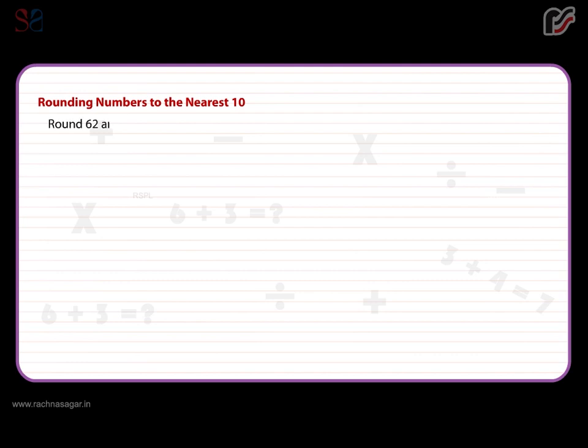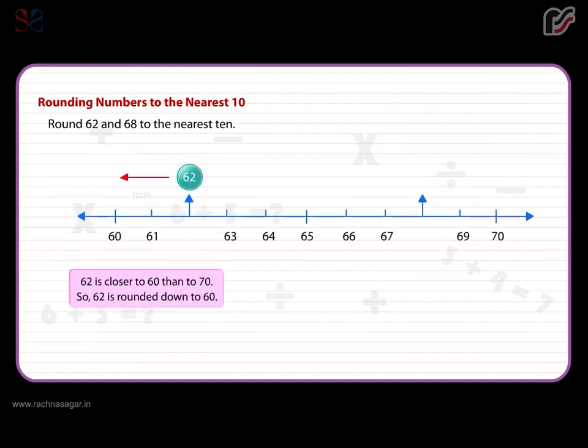Round 62 and 68 to the nearest 10. 62 is closer to 60 than to 70. So, 62 is rounded down to 60. 68 is closer to 70 than to 60. So, 68 is rounded up to 70.